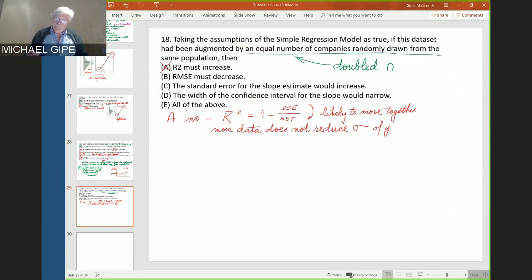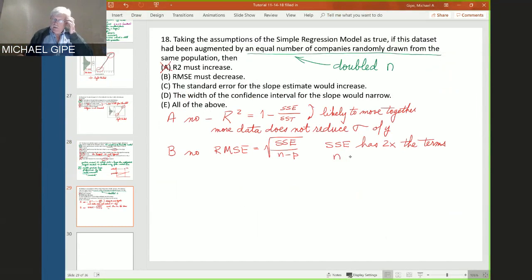How about B? RMSE must decrease. No. Remember, RMSE is the square root of the sum of the squared errors divided by n minus p. Well, the sum of the squared errors now has 2 times the terms, so we've doubled that.